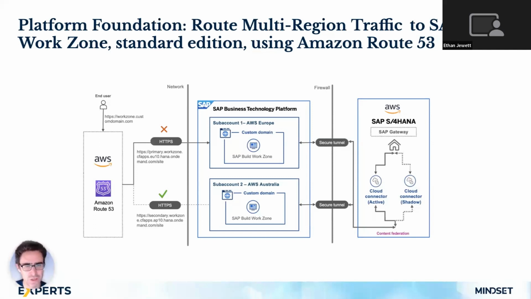The application loading and library loading is one of the biggest pieces of performance for a work zone site and a Fiori Launchpad. So this is one joint reference architecture of how to approach that. Of course, you can do similar things in Azure and GCP. And in fact, you can even do similar things with on-premise Launchpad using CDNs.